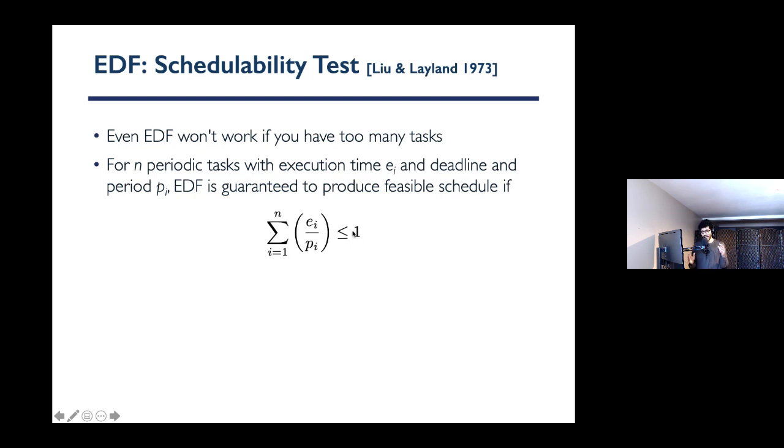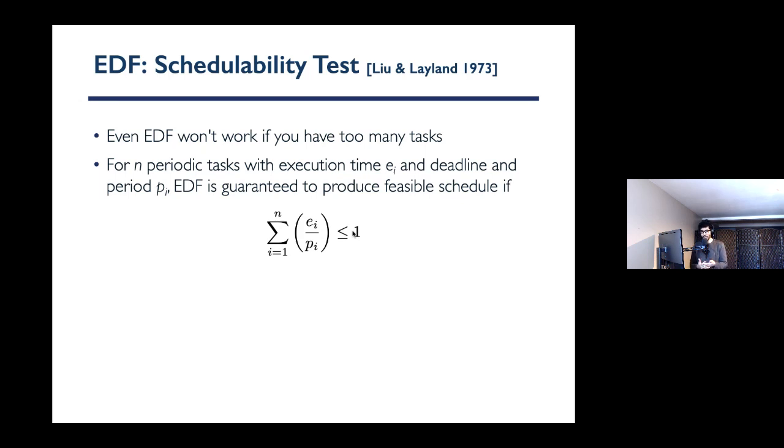So as long as the total utilization is not more than 100%, EDF says, sure, I'll take it. I can schedule it, and it does. This is how powerful it is.